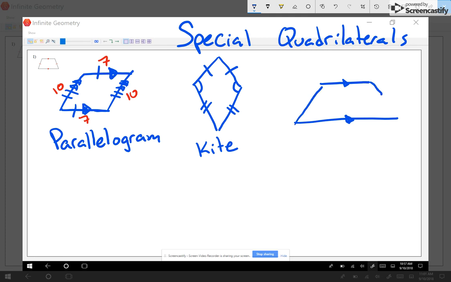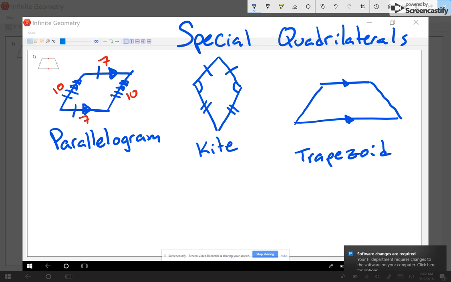Now the other two sides are not parallel, and we're going to call this trapezoid. So when the top and bottom are parallel, different sizes though, they're a trapezoid. The two at the side don't have to be the same. One side could be 7, the other side could be anything other than 7.